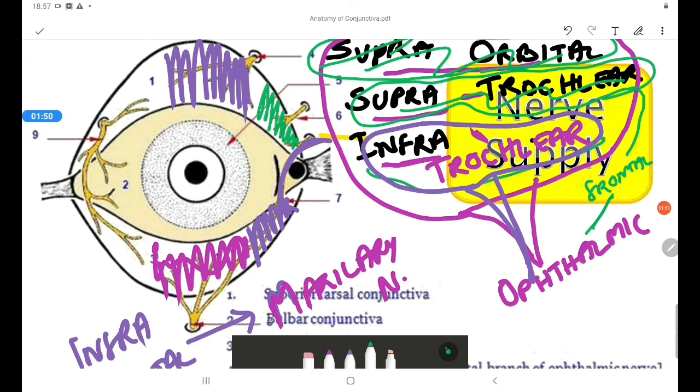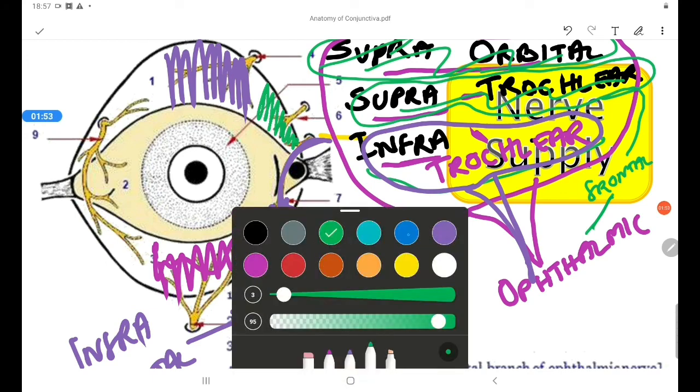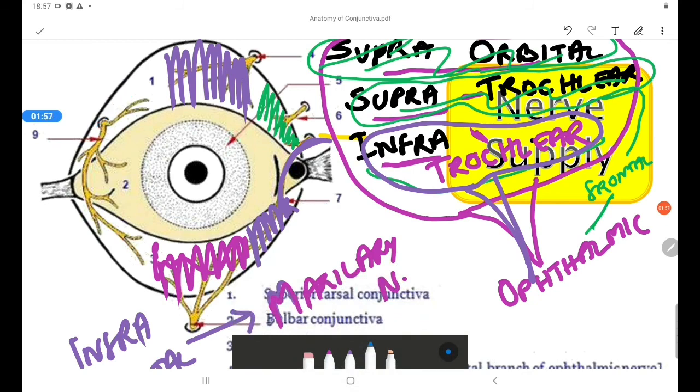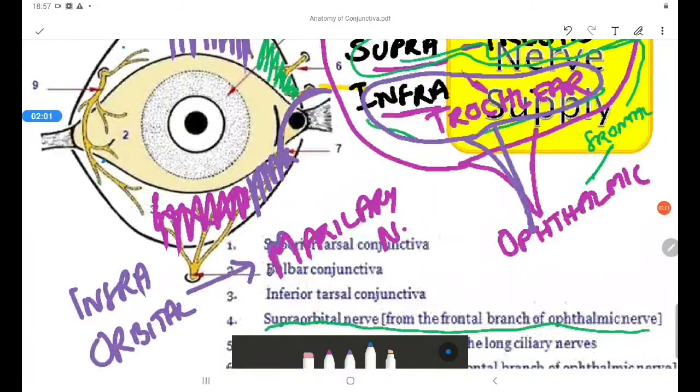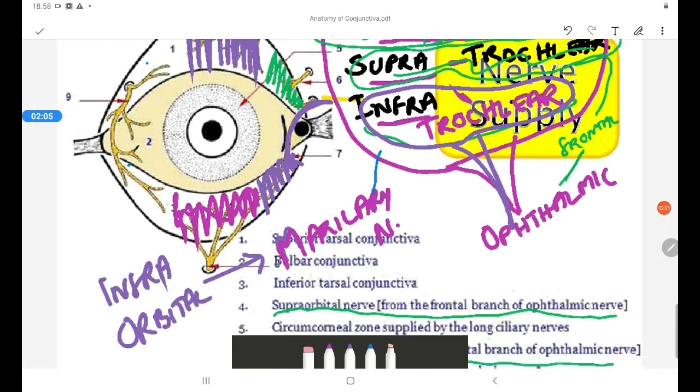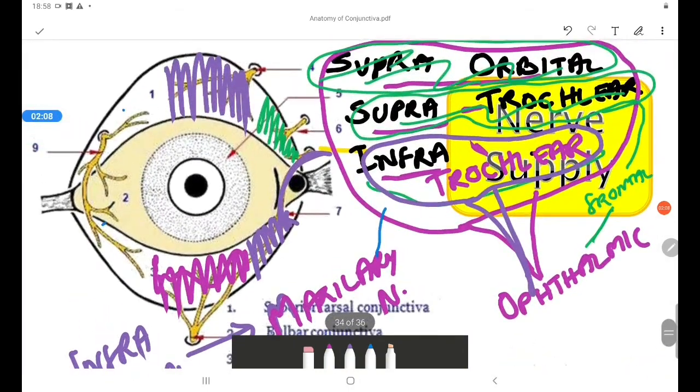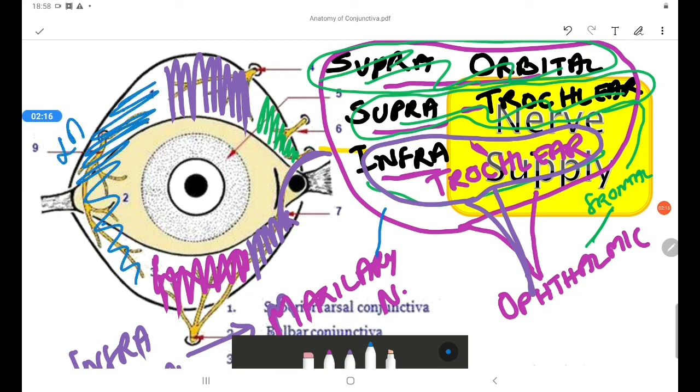Now, the extreme lateral end is provided by the main nerve at the lateral side, that is the lacrimal nerve.